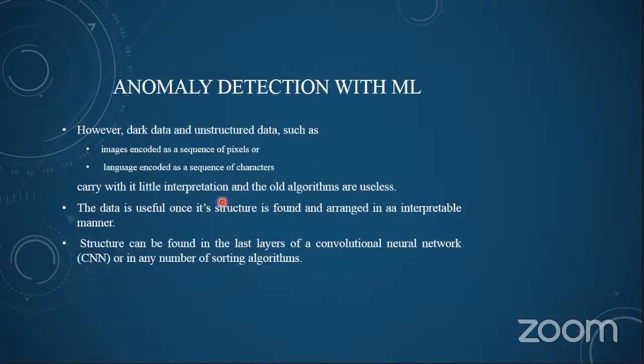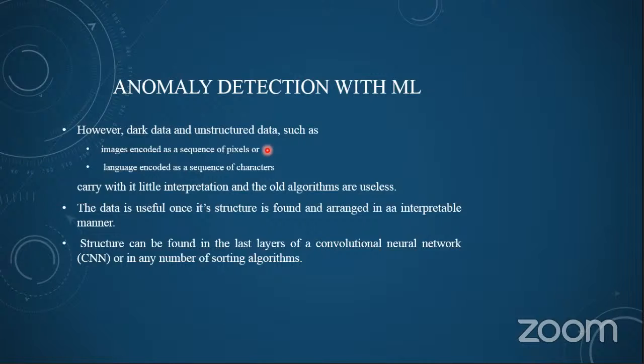Then coming to the next case, the dark data or the unstructured data. Two examples were given here: images encoded as a sequence of pixels, or language encoded as a sequence of characters. When you look at these two examples, we don't know what that data is meant to be.